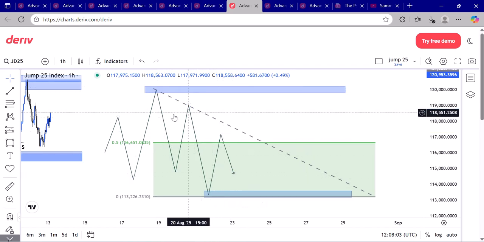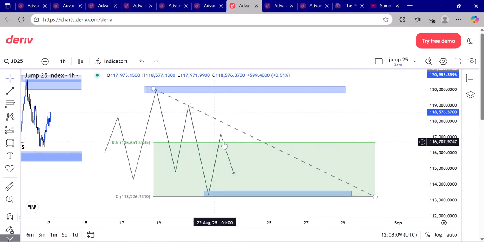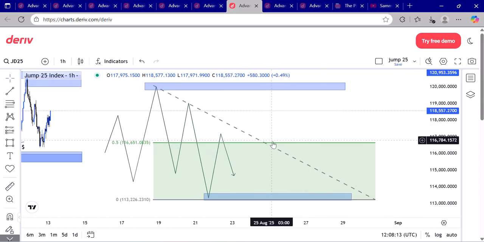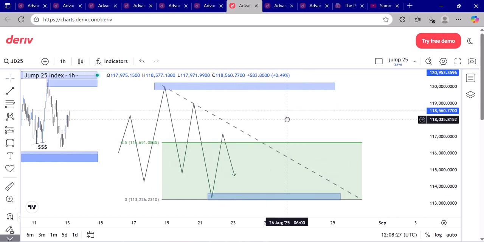This is our 0 to 1, so the middle of it is 0.5. In this Fibonacci retracement, any movement above the 50%, which is 0.5, is our premium, and any movement below it is our discount.